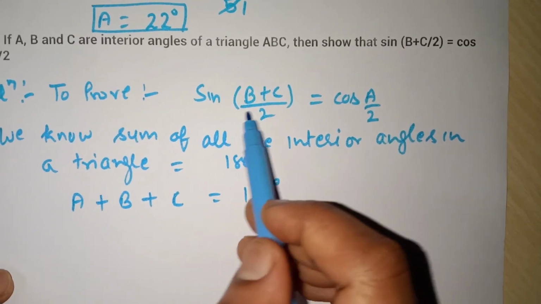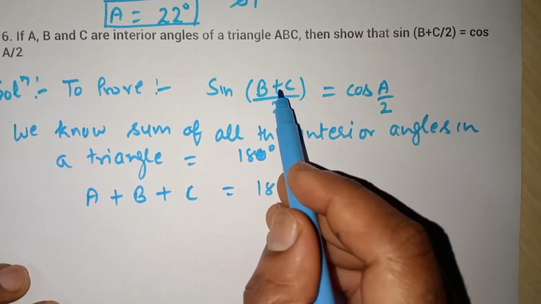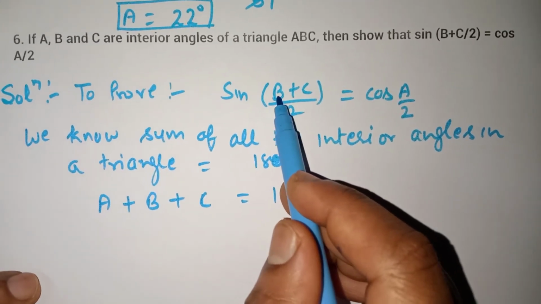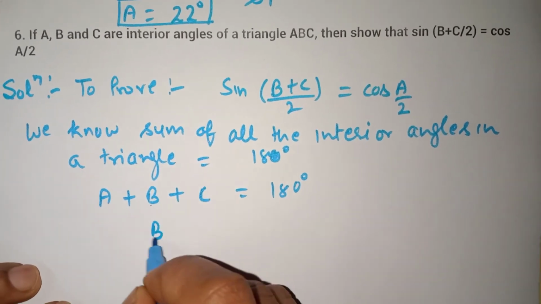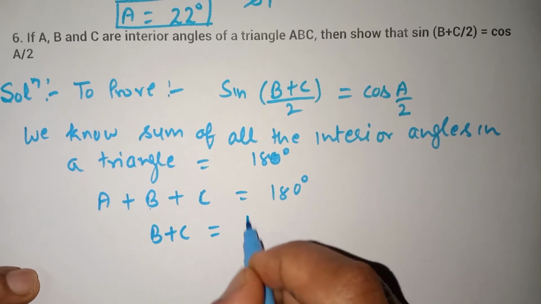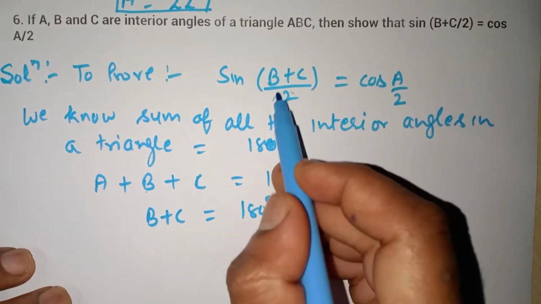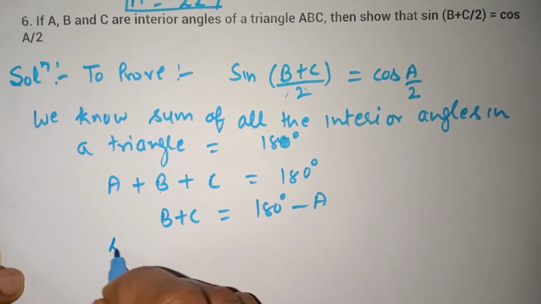Now if we see the trigonometric ratio that we have to prove, here we are having B plus C, so we will keep B plus C on the left hand side and we will take A on the right hand side. Now here it is divided by 2, so we will divide both sides by 2.